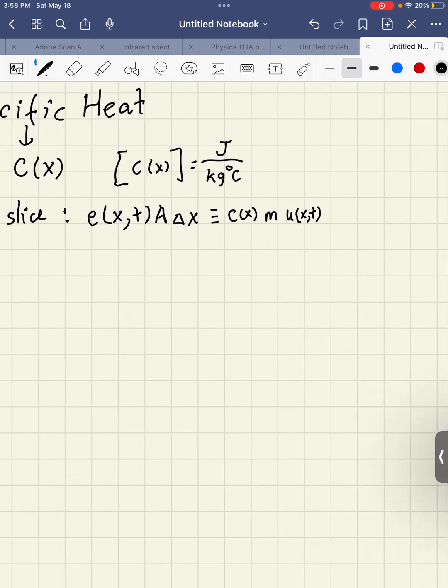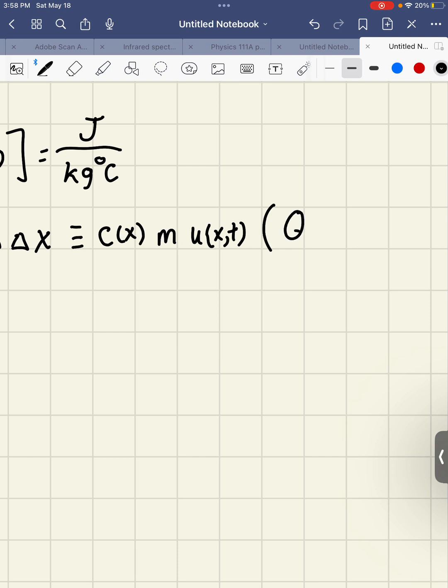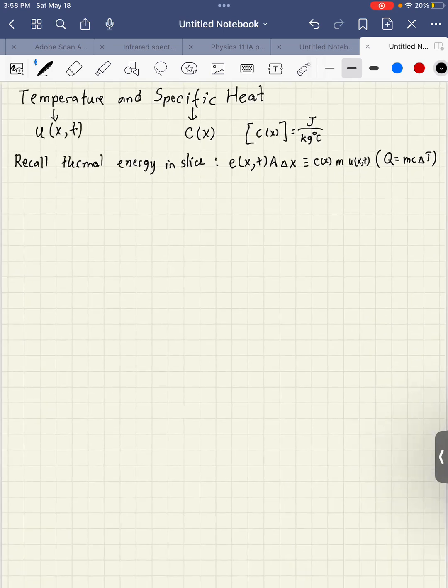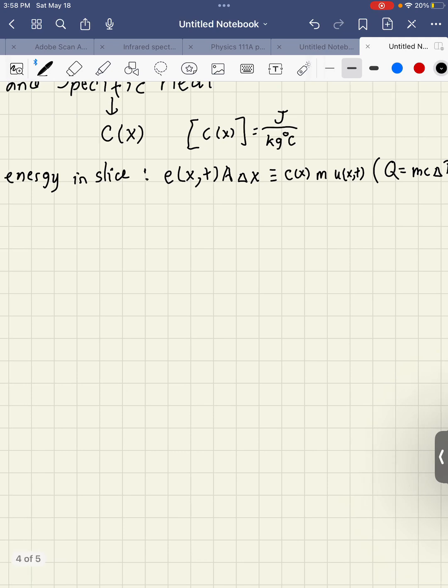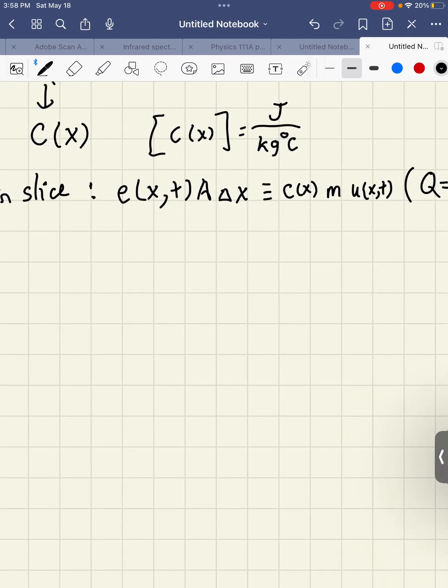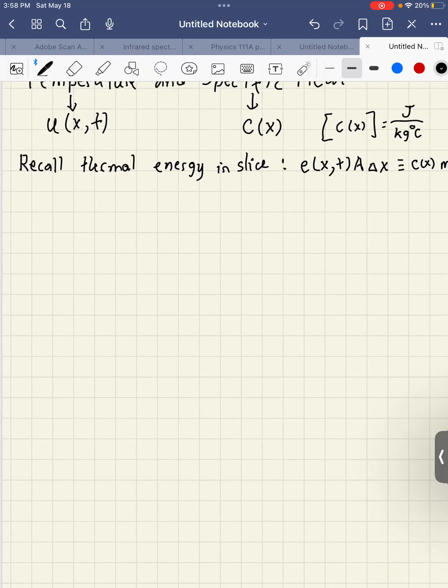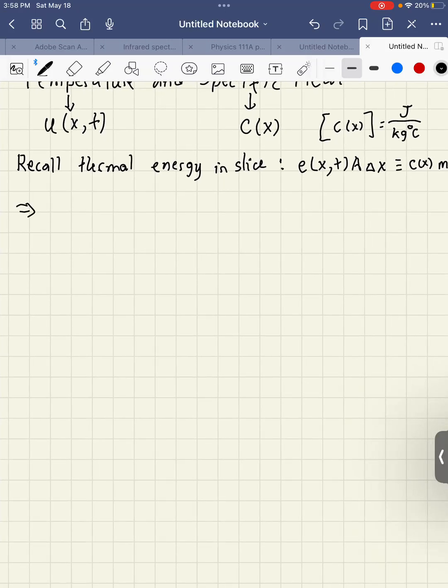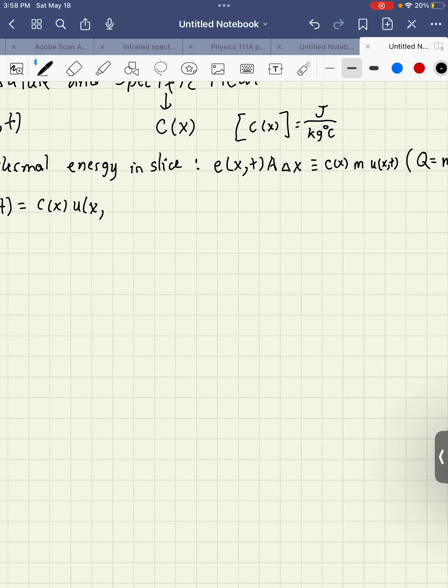You might see this equation in physics: Q is equal to m c delta T. This equation comes from mass times specific heat times change in temperature. Now, if I do a little bit of mathematics, I can rewrite the equation for our thermal energy density as specific heat times the temperature multiplied by the mass over A times delta x.